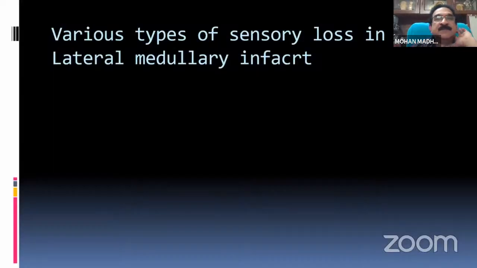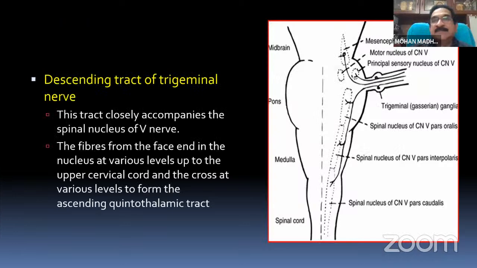Now, let us first come to the various types of sensory loss in the elementary part. For that, you must know the descending tract of the trigeminal nerve, how the pain fibers from the face go. This tract closely accompanies the spinal nucleus here. This is the spinal nucleus, which descends down after C4 of the spinal cord.